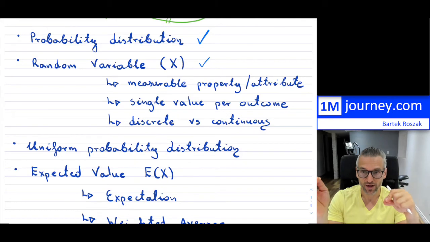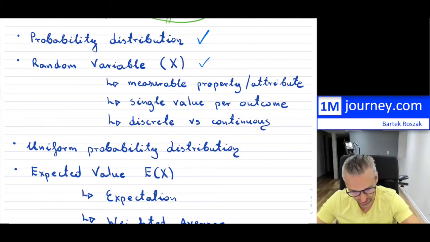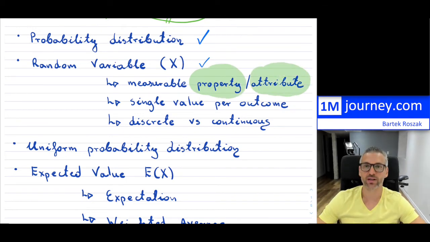The random variable is what you are actually trying to measure. So what property, or what attribute, are you trying to measure? If you have a die, the attribute that you're trying to measure is what side of the die it falls on, 1, 2, and so on. If you're flipping a coin, then the side of the coin that it falls on would be your random variable.